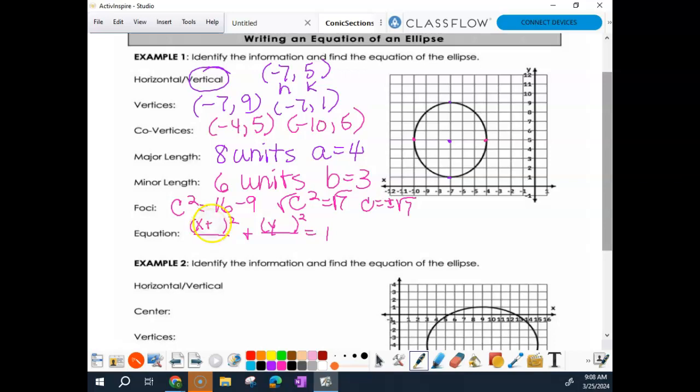So I'm going to have x plus 7 and y minus 5. And both of those are squared. This is vertical, so my major axis is A, and that's going to go under Y. So I'm going to square that, which is 16, and then I'm going to square this, which is 9.